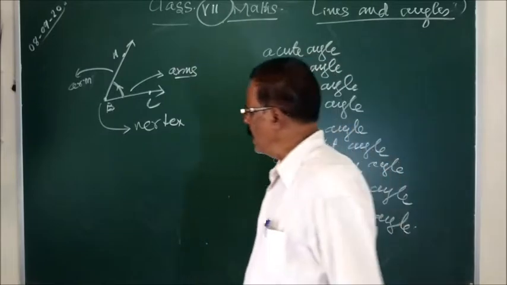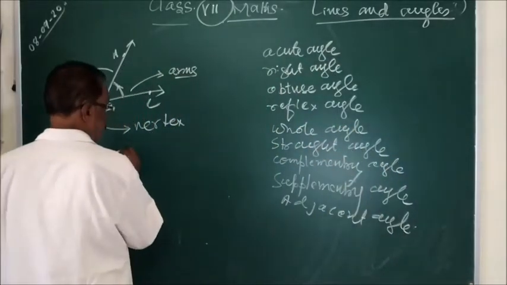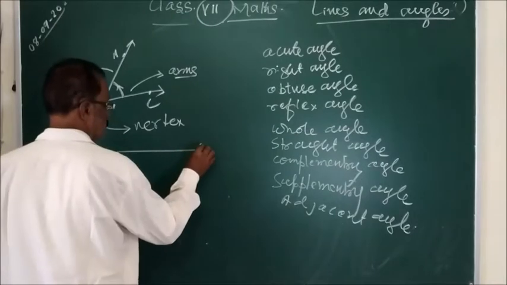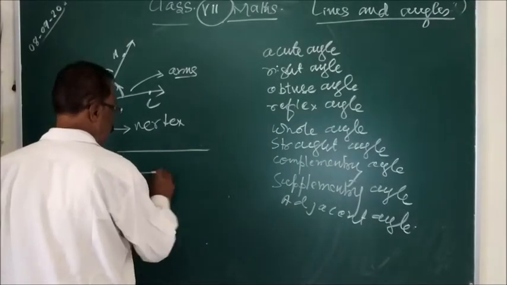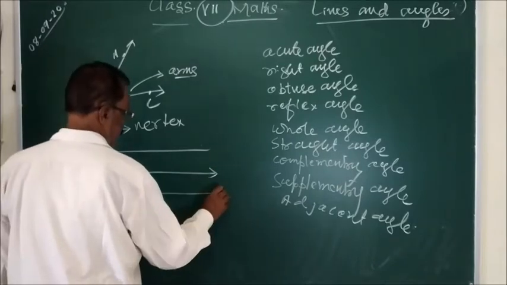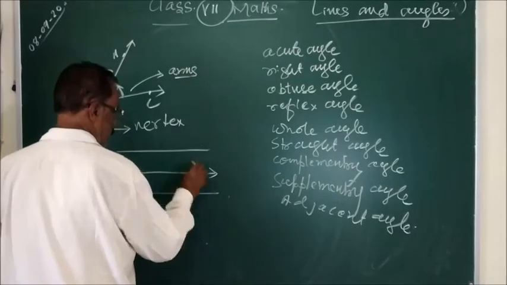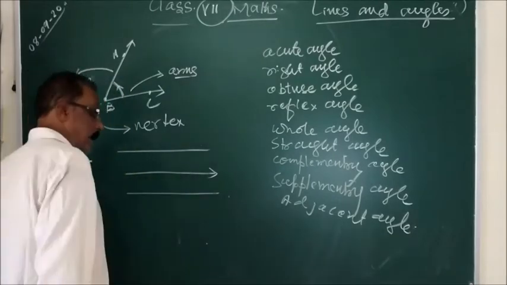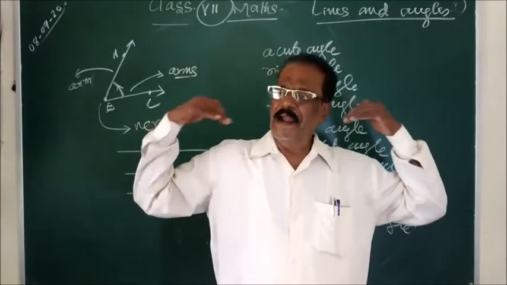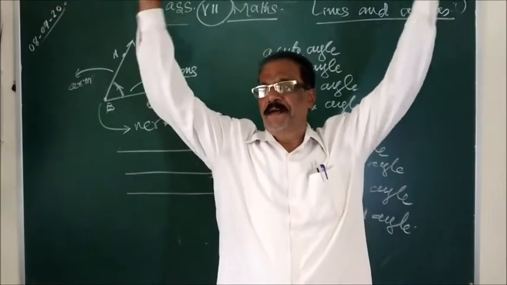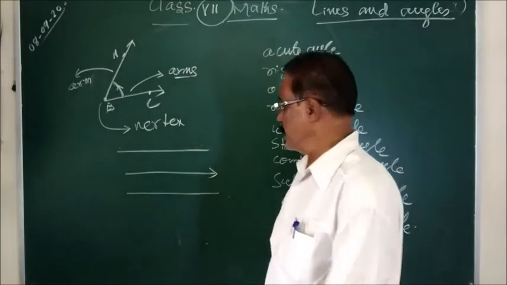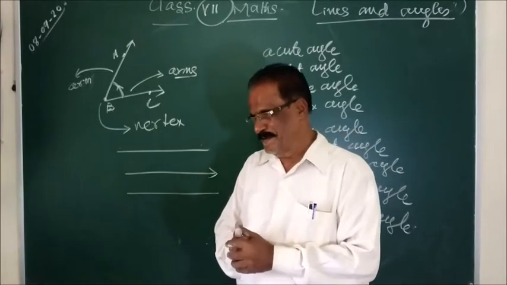So line and line segment. But we will concentrate on angles. In a minute or two, I would like to say a line has no end point. If you extend it, it can be produced in both directions to infinity. And a line segment has two end points.